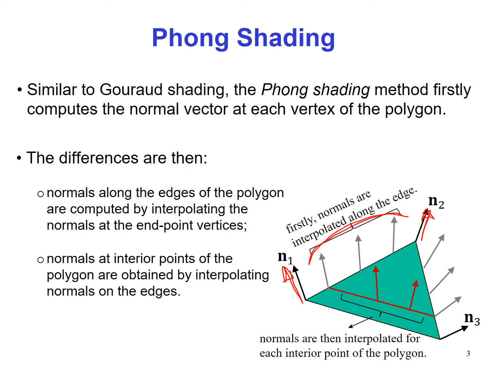And then we would interpolate N2 and N3 to get these normals, and we'll do the same for this edge. And then we will interpolate these normals to fill up the inside of the polygon. For every fragment, we will have a normal vector.